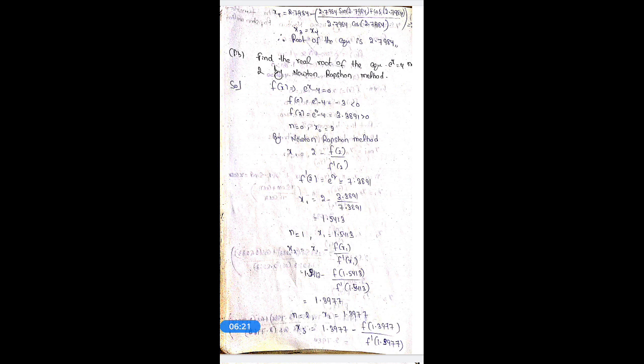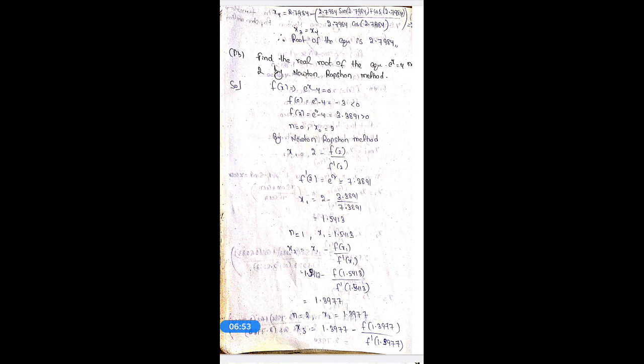The next iterated value x4 = x3 - f(x3)/f'(x3). That is 1.3864 - f(1.3864)/f'(1.3864) = 1.3863.